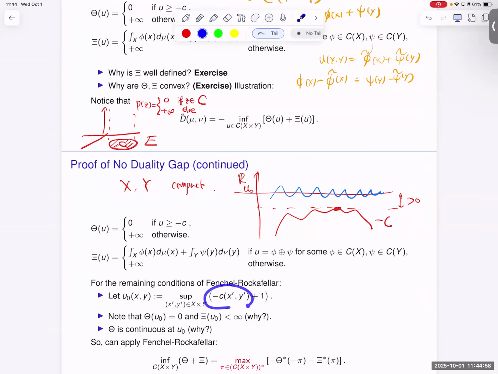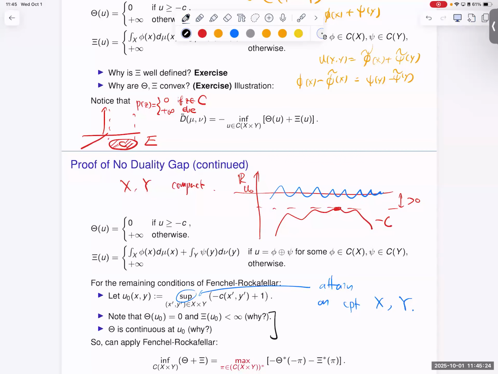As I said, you take the maximum of this negative C, which is attained on this compact space, and you just add some positive constant. Then this U0 will work for these conditions. I just explained this, but just make sure you understand that.